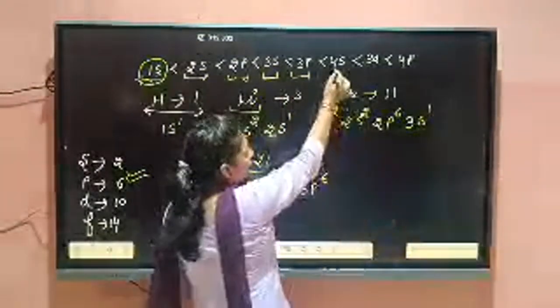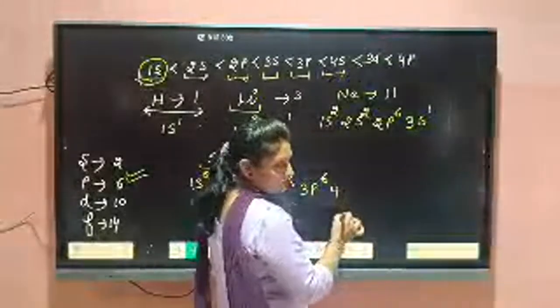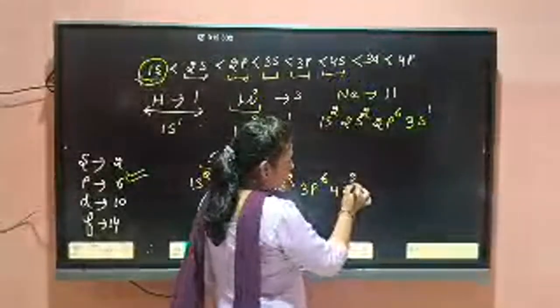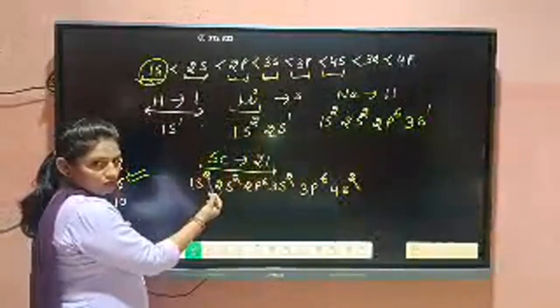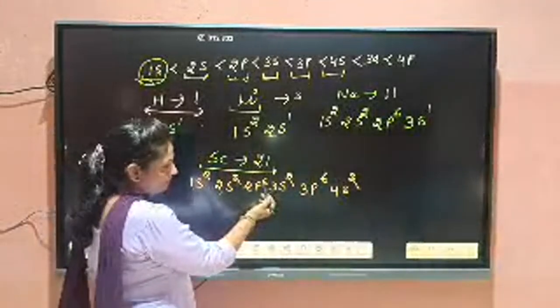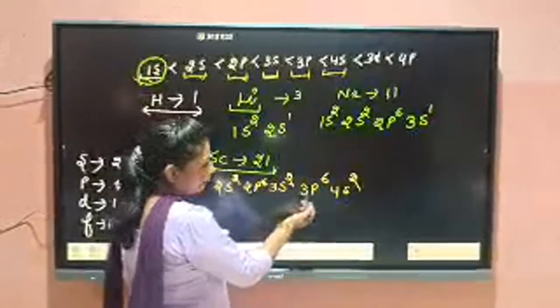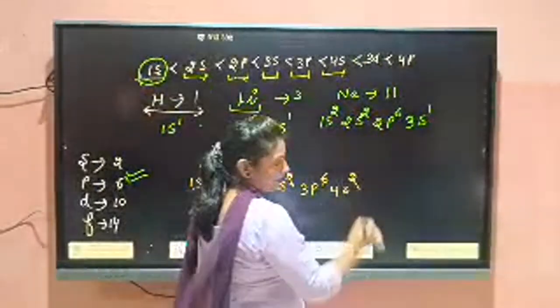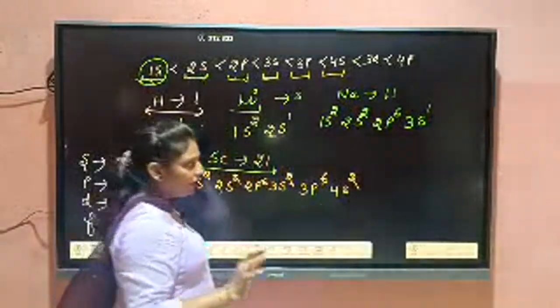Then in 4s, we can fill maximum 2. How many electrons have we filled? 2, 4 and 6, 10. 10 and 2, 12. 18, 20. But we have 21. So one more electron we have.